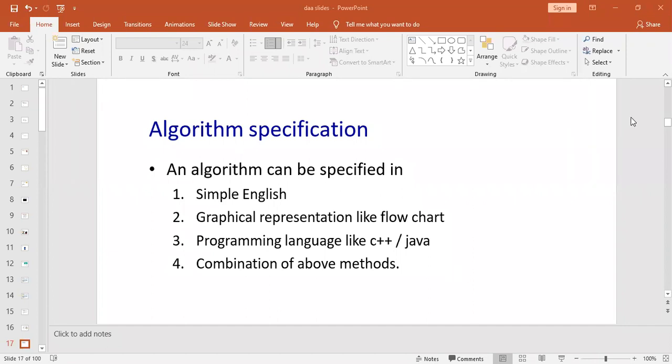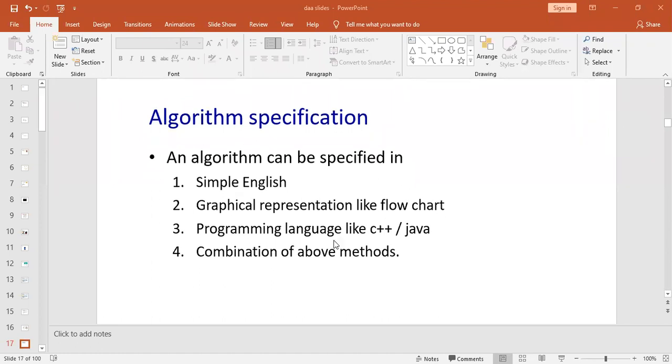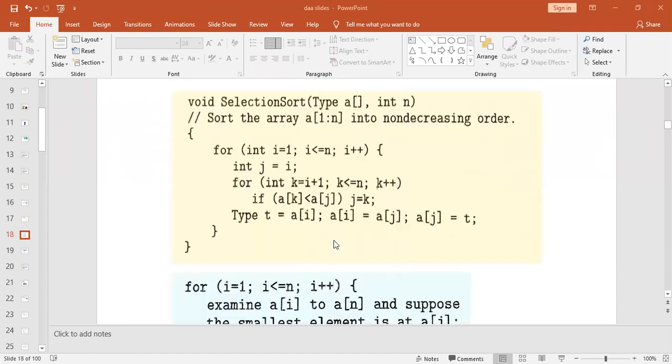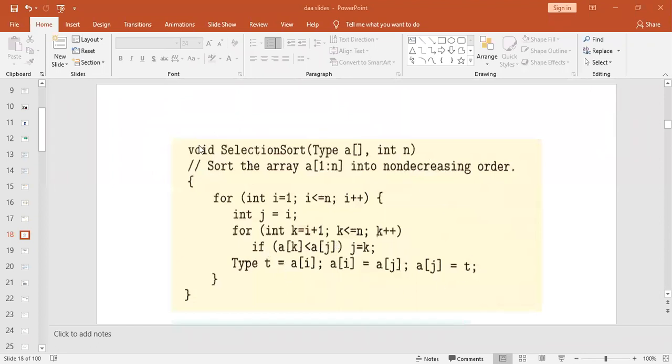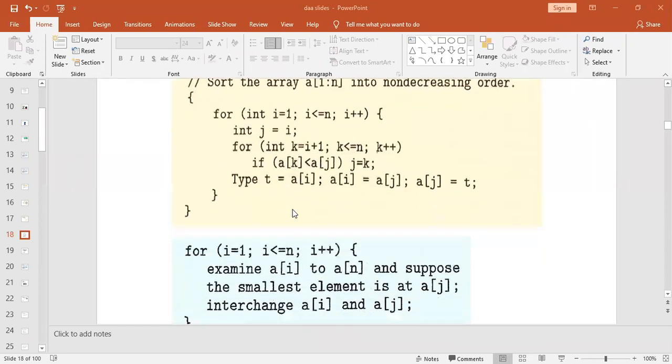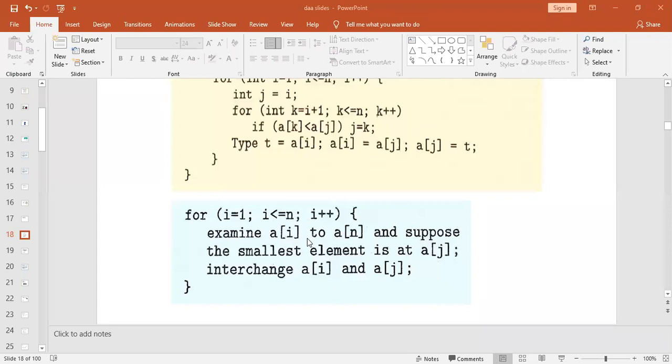So we are going to specify that particular algorithm. It should be in English, and it can be a graphical representation like a flowchart, and we have programming languages like C++ and Java, and it's a combination of the above methods. Okay, so this is the algorithm specification. So you have to write the algorithm for the program.